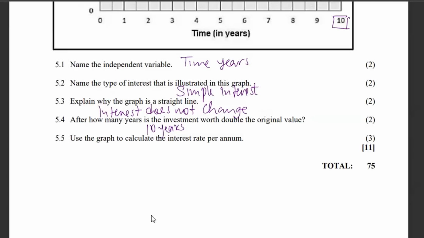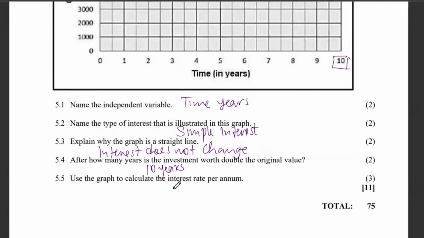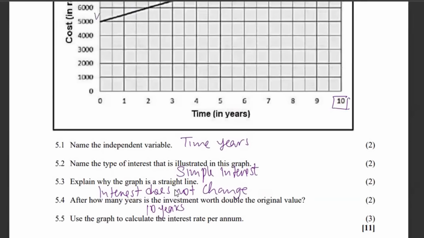Use the graph to calculate the interest rate. We shall ask ourselves what it is. We come here and look at that: this is at 2 and 6. So you see 2 years.